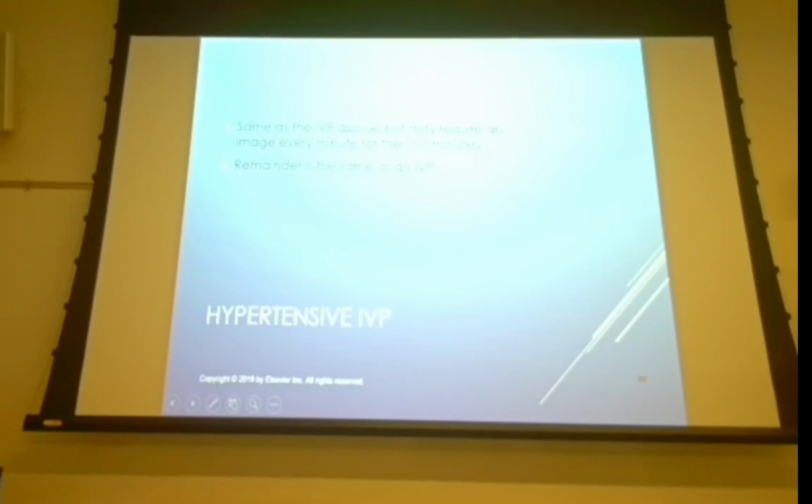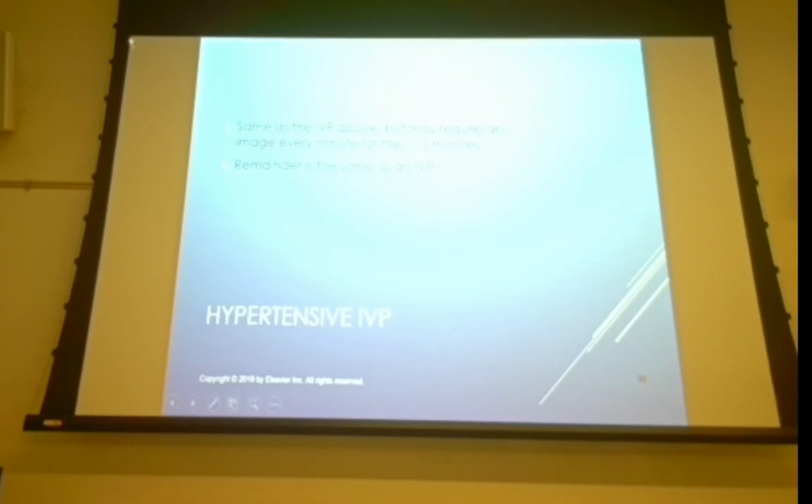So a hypertensive IVP is just like a regular IVP, only in a lot of cases, instead of injecting quite as much so fast in a bolus, they may do a drip. They may hang the contrast and drip it into the patient so that, if they already have hypertension, you don't increase their blood volume and complicate things.